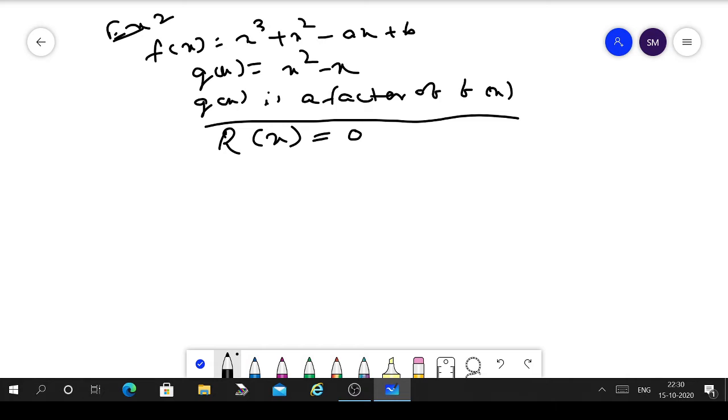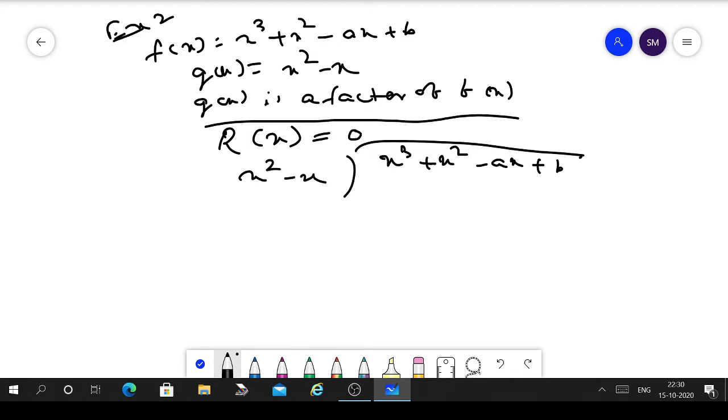Let us do the division. What is dividend? Dividend is f(x), x cube plus x square minus ax plus b. The divisor is g(x), x square minus x. Then look at here, x cube minus x square.